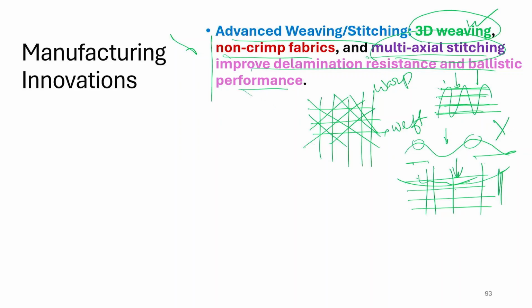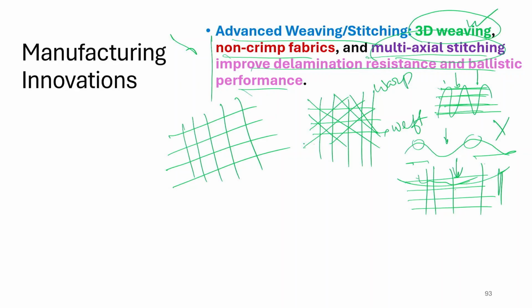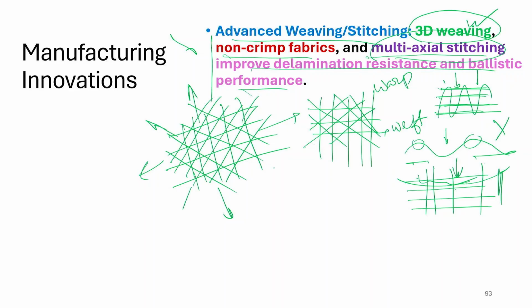Now, the problem with normal biaxial weaving is that it will take load only in the longitudinal and transverse directions. But after the development of multi-axial weaving, the threads can be aligned in different directions, so the fabric carries load in those directions.